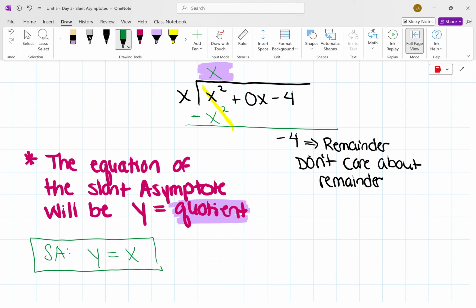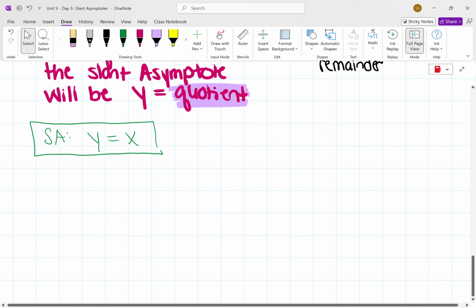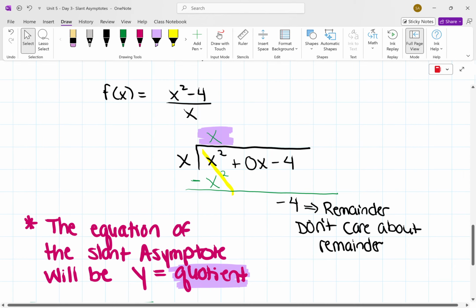Can we ever cross a vertical asymptote? No. Never. Can we cross a horizontal asymptote? Yes. You can also cross a slant asymptote. So now that we have the equation of the slant asymptote, now we have to see, does it cross the slant asymptote?